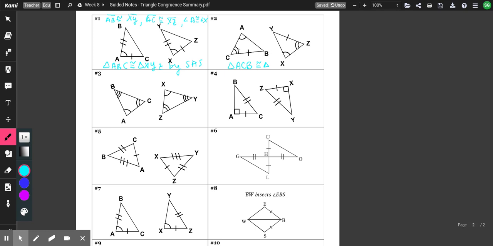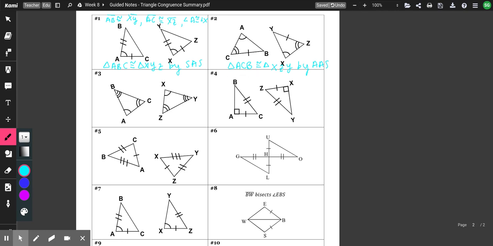ACB is congruent to A corresponds with X, C corresponds with Z, Y by angle, angle, side. Two angles and a side that's not between them. If you say side, angle, angle, you're fine. You got it. If you said BAC, you would have said YXZ, right? So if I rearrange one of them, the other one's going to have to follow.